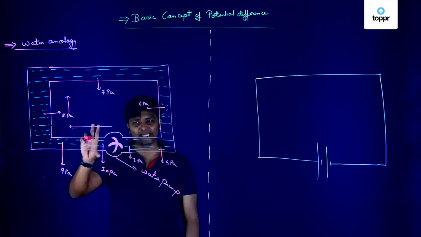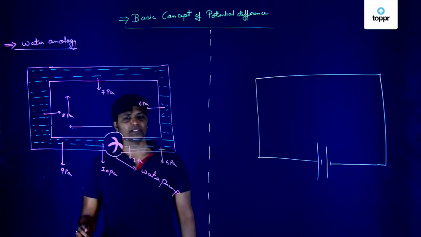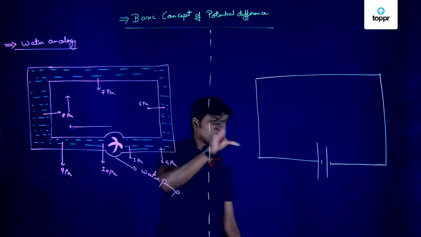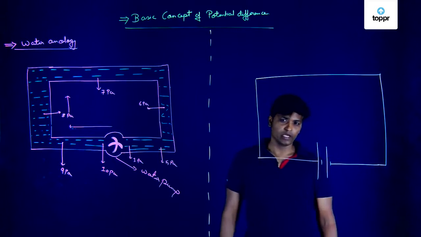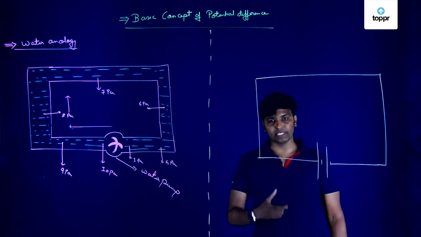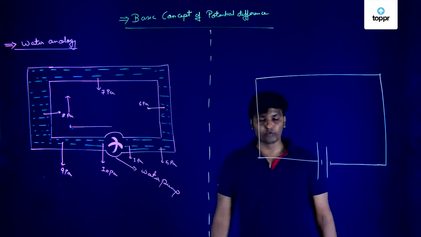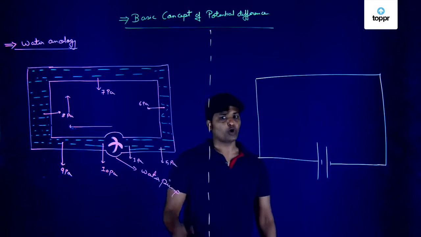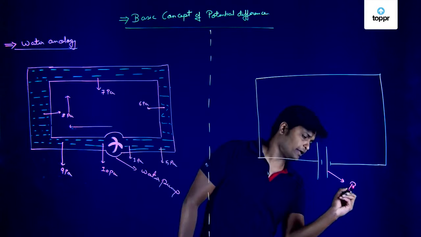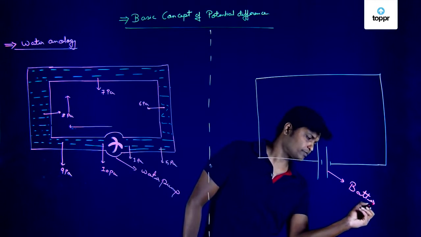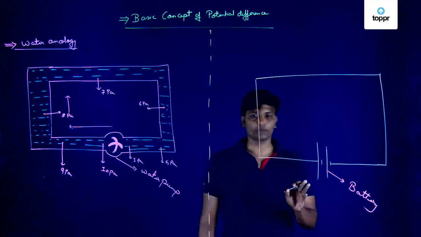Okay. The same concept can be used to explain the flow of current in the electric circuit. Now in the electric circuit, what happens? As we know, the role played by the water pump is played by the battery over here. Now the battery has 2 terminals.